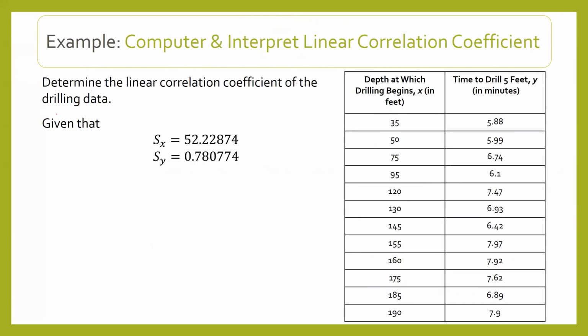All right, so let's look at an example. Determine the linear correlation coefficient of the drilling data. This, of course, I wouldn't want to go through finding the standard deviation for the two variables and the mean. I've talked about that in my previous video. Please take a look at those videos if you missed any of them.